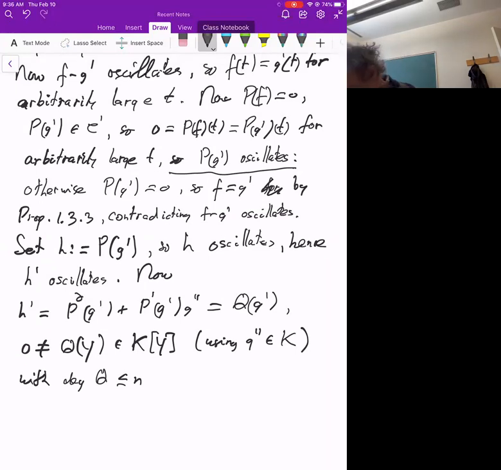So, using delta K contained in K plus K prime, and P monic.